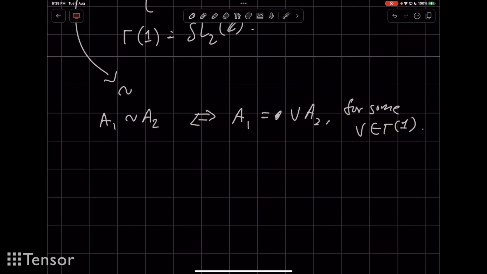And we have a very powerful theorem which we are not going to prove. That theorem has multiple parts.